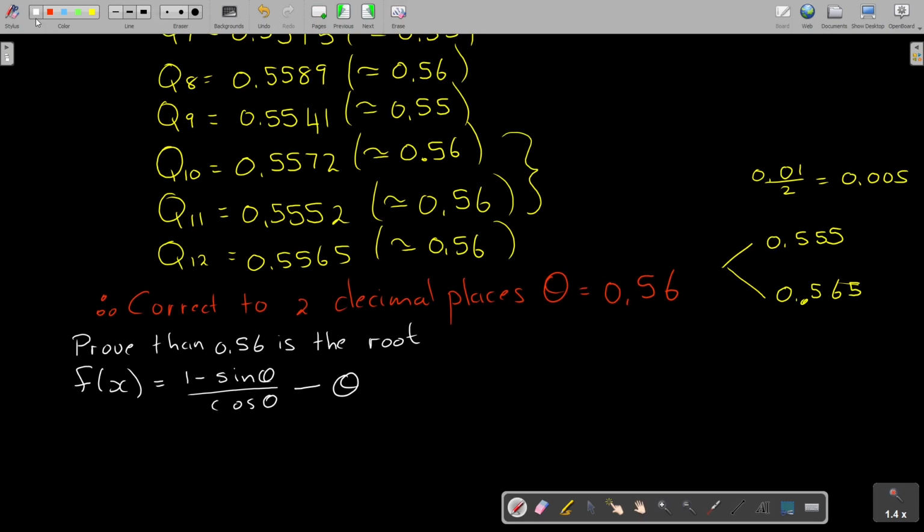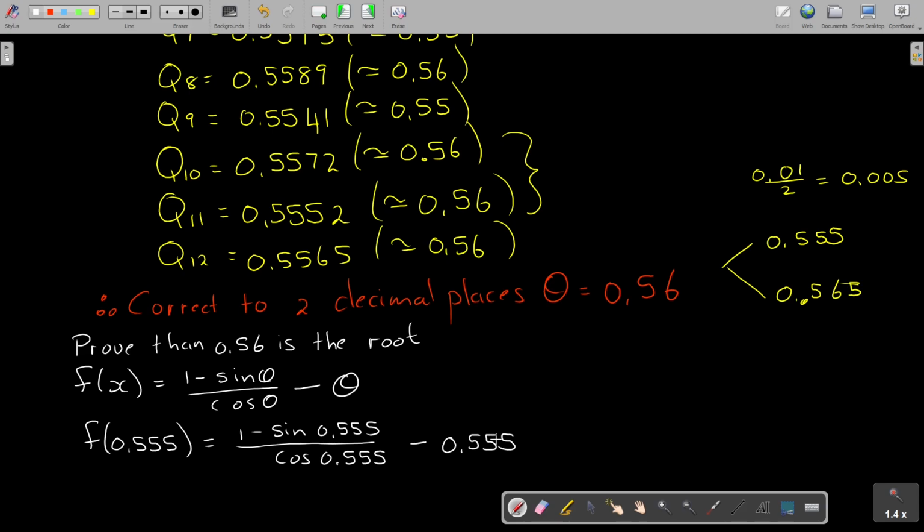So let's just go and substitute the 0.555. And that will just be 1 minus sin 0.555 over cos 0.555 minus 0.555.